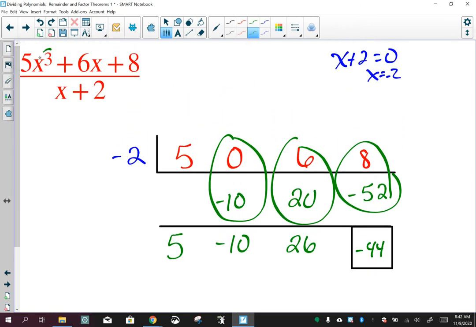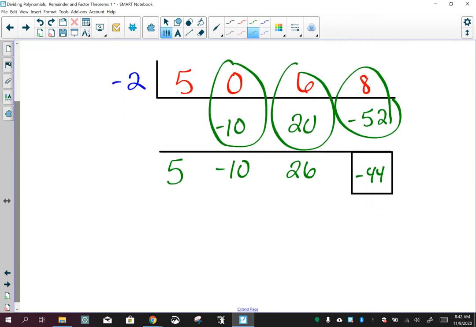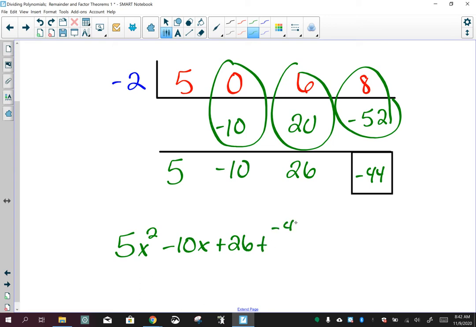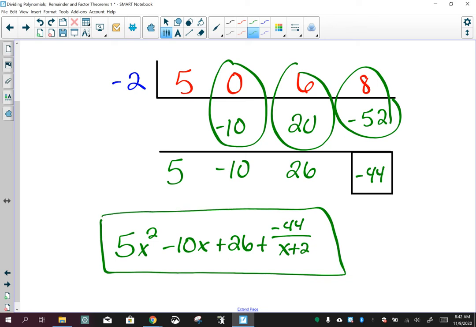So remember, this starts off with an x cubed, so that means that this is going to be an x squared. So I have 5x squared minus 10x plus 26 plus a negative 44 all over x plus 2. And this would be my final answer. Okay? And that is synthetic division.